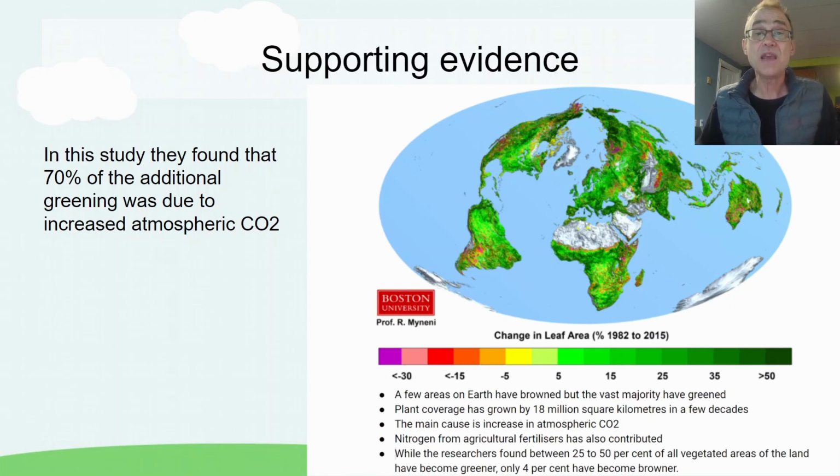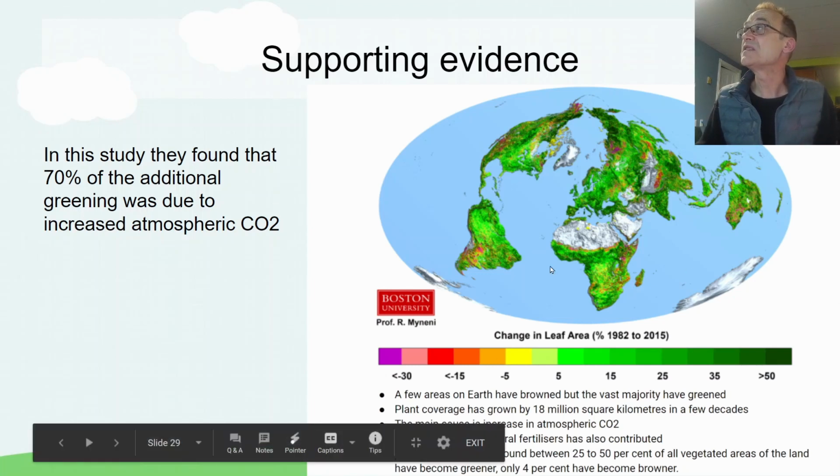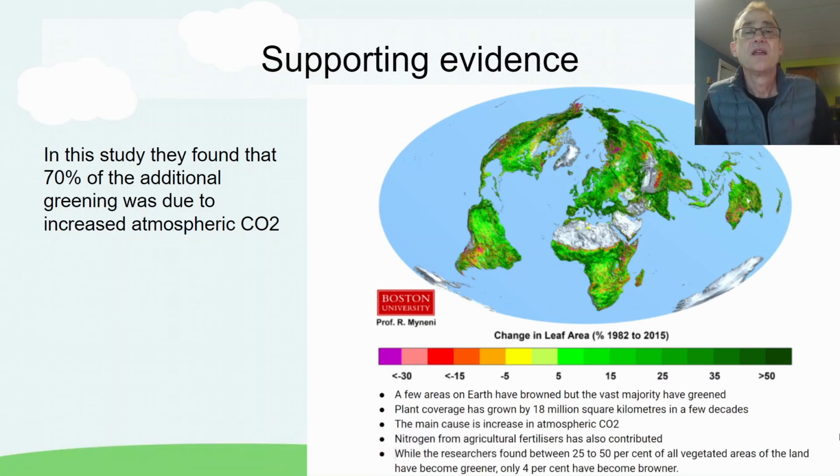350.org is named after their objective of getting atmospheric levels to 350 parts per million. Measured carbon dioxide levels increased by 62 parts per million during the time of this study that shows this leaf cover increase. The amount that the Earth has changed in atmospheric levels from the time it was 350 parts per million until now is about the same.